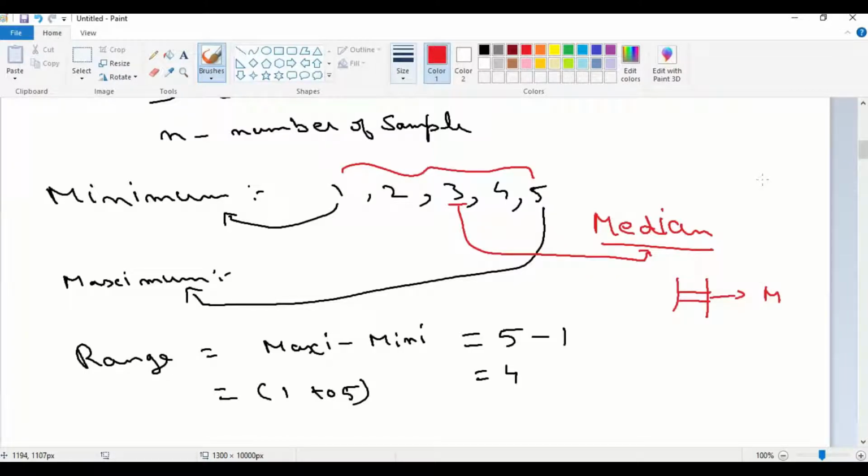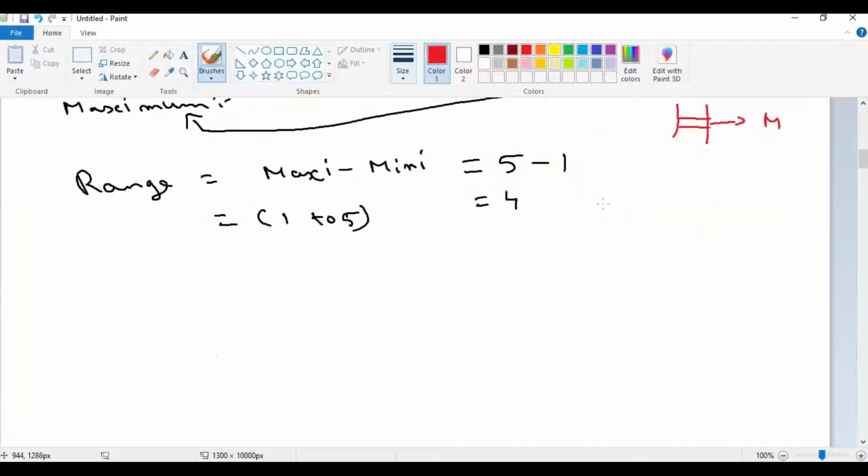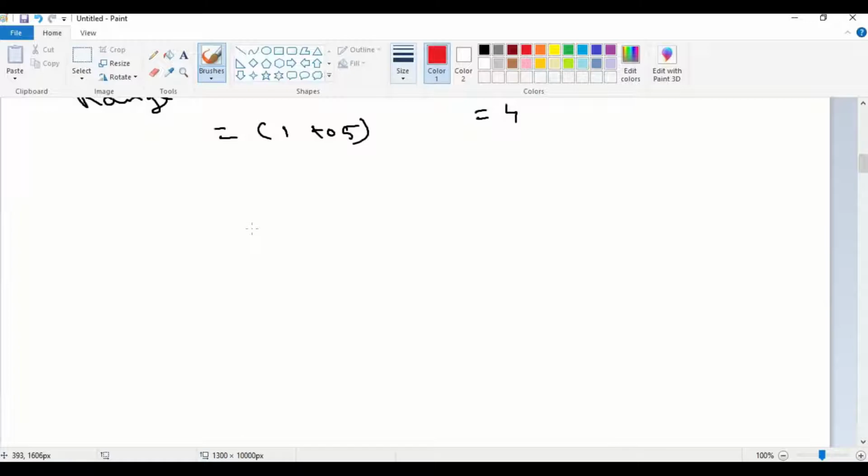In this example, we had only 5 elements, so the center value became the median. What if we had an even number of elements? Say we have 1, 2, 3, 4, 5, 6. Here for the median, we have 2 center values.